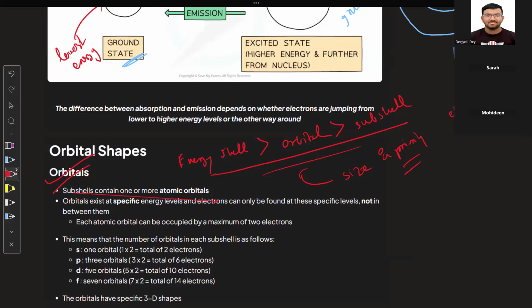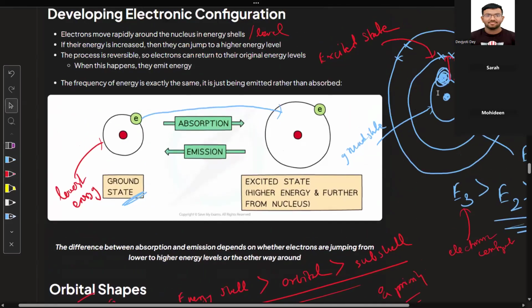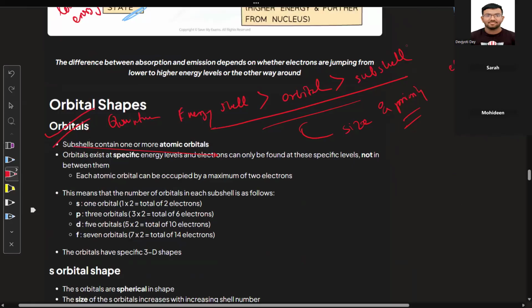This means that a quantum energy shell, which we have discussed here below, these are known as quantum energy shells. So a quantum energy shell will be greater in size compared to an orbital, which will obviously be greater in length compared to a subshell. That means a quantum energy shell consists of both the orbital and subshell within its structure, and within orbital we have subshell. All right, I hope you understand.